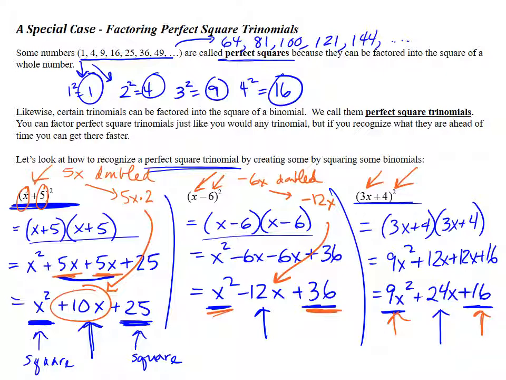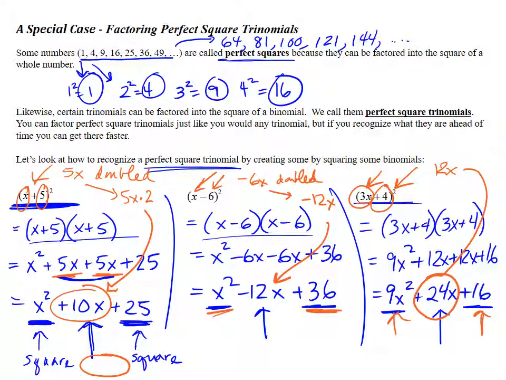And in the middle, 3x times positive 4, 3 times 4 is 12x, and then if we double that, we get that 24x. So what you want to look for are squares on the edges of your trinomial, and double what the original factors would have been when multiplied in the middle.